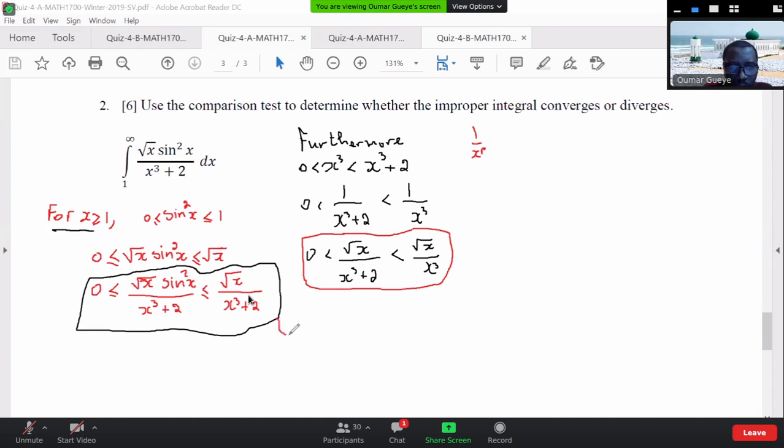Now, from these two double inequalities, what you guys can see is 0 is less than root x sine square x over x cubed plus 2.